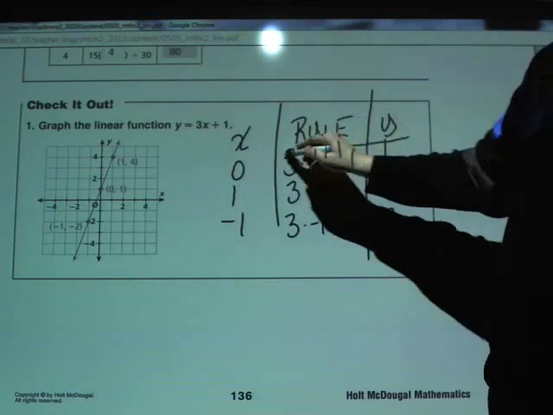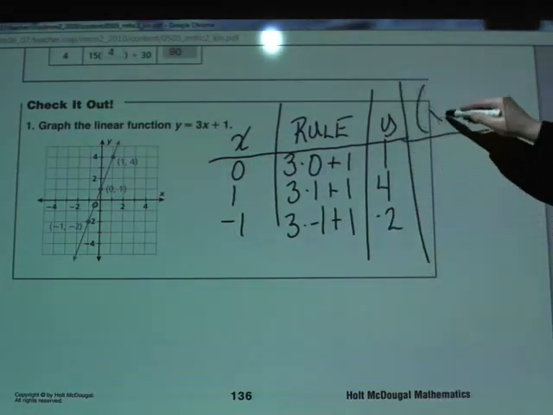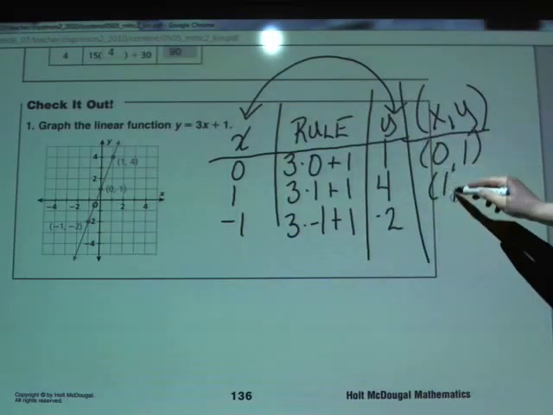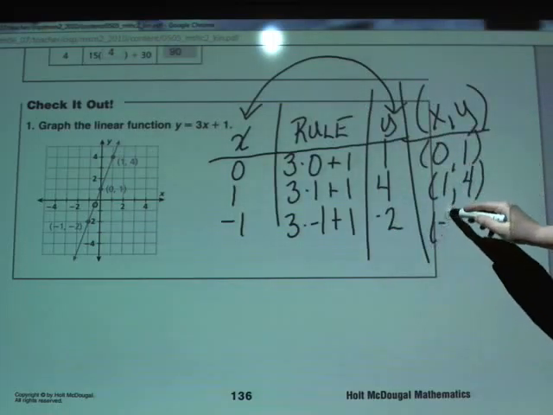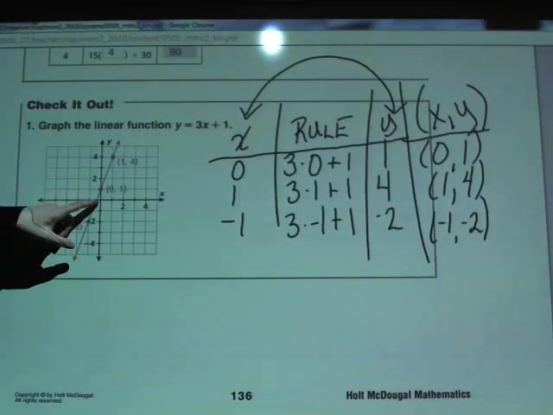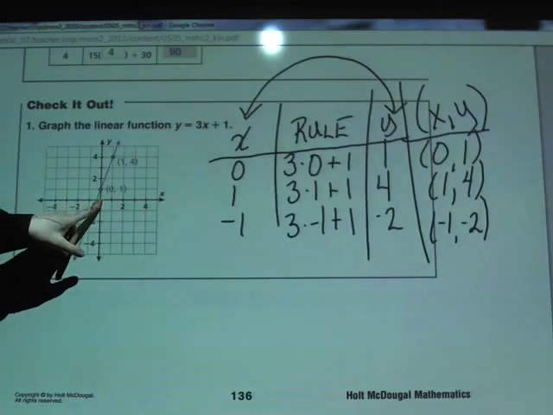Now when we talk about graphing, remember, we just combine our x's and our y's, and that's what we graph. So I'm combining these, and I've got 0, 1, and 1, 4, and -1, -2. Let's look at graphing those. 0, 1 means I don't have to go right or left, because on the x-axis, 0 is right in the middle.